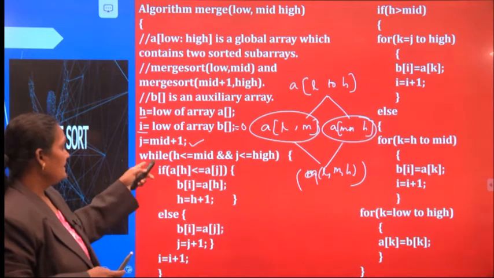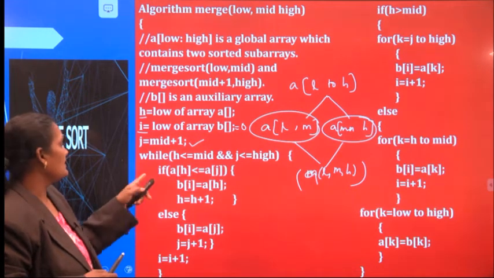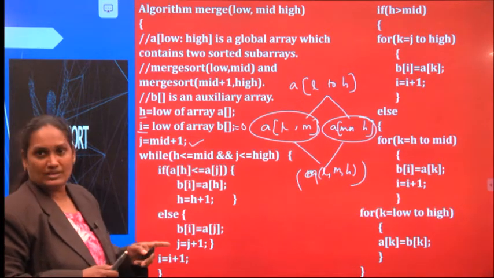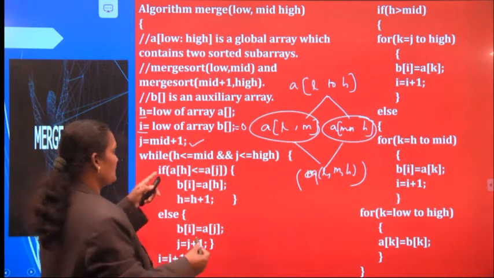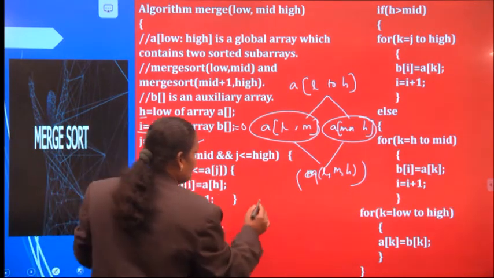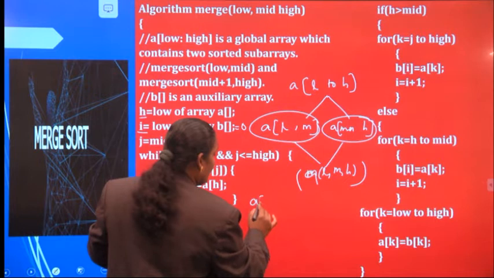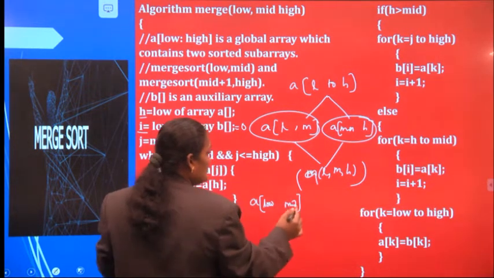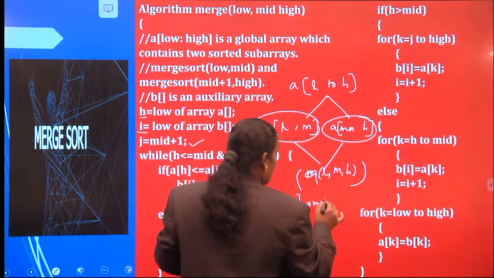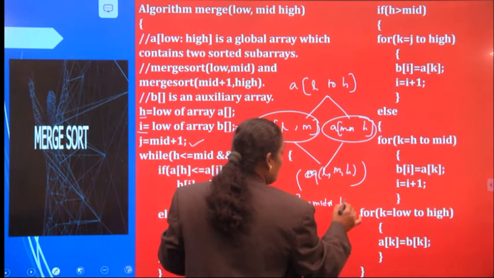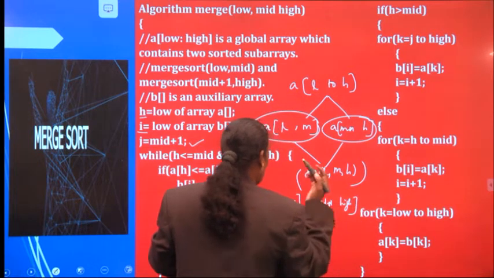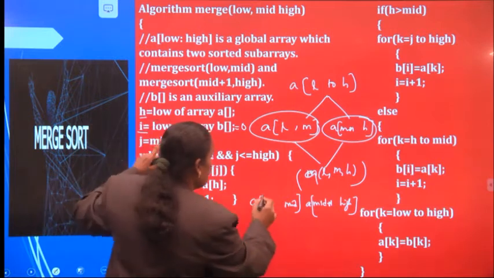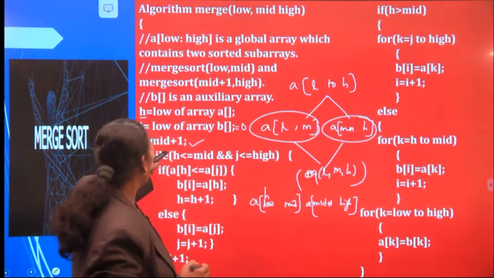Now let us see the merge procedure: while H is less than or equal to mid and J is less than or equal to high. The first subarray contains low to mid and the second subarray contains mid plus 1 to high. What is H? Low of A, here this is H. What is J?